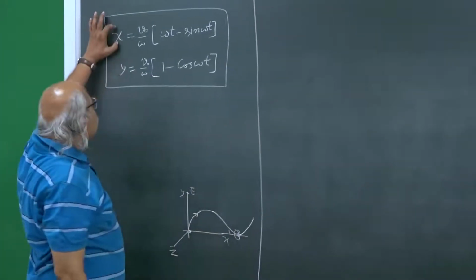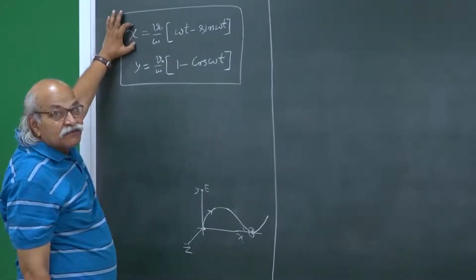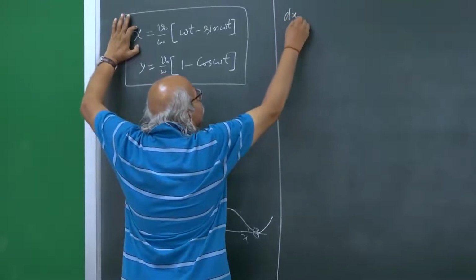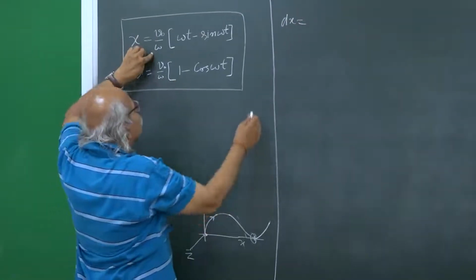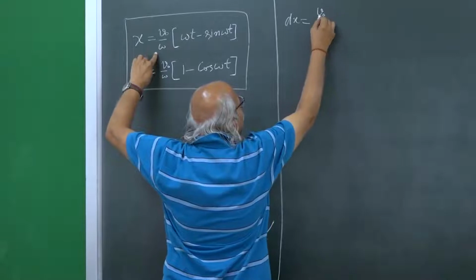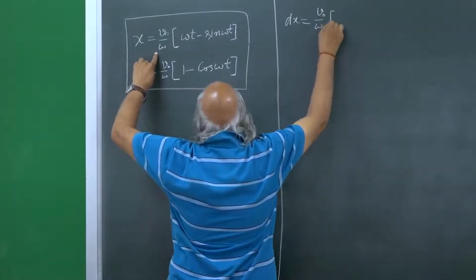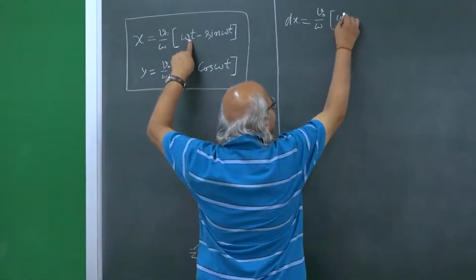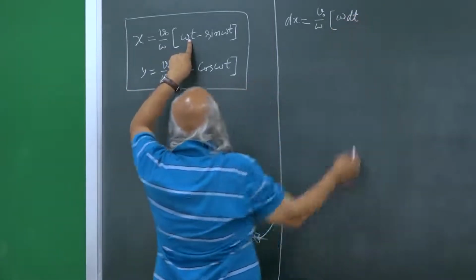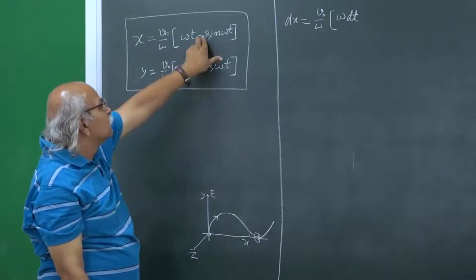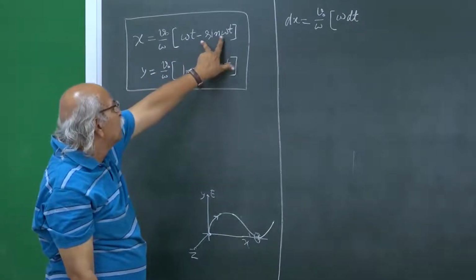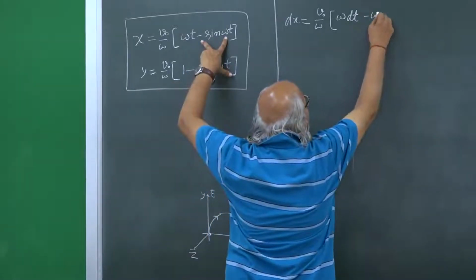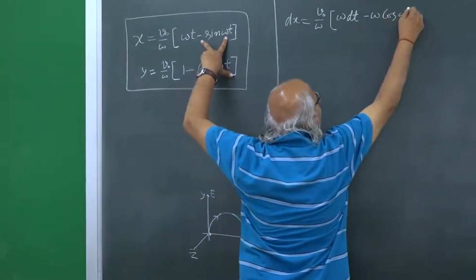So, from here let us differentiate. dx will be equal to V naught by omega, and then omega t, differentiate, it will be omega dt, then minus sine omega t, differentiate, omega cos omega t. So, minus omega cos omega t dt.